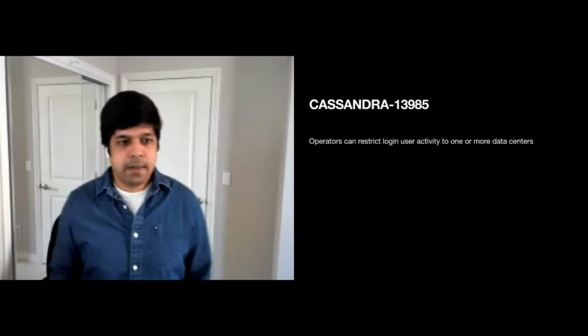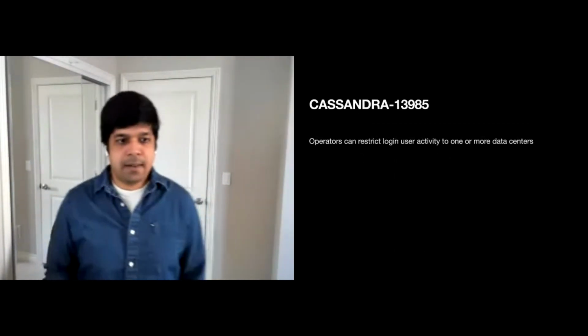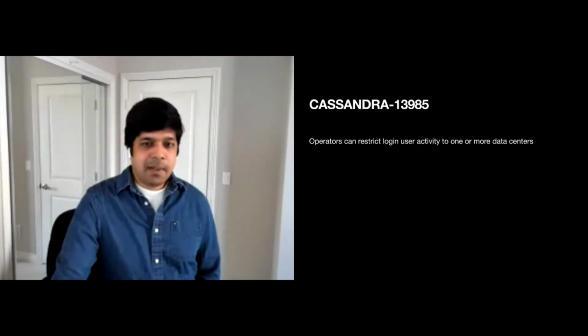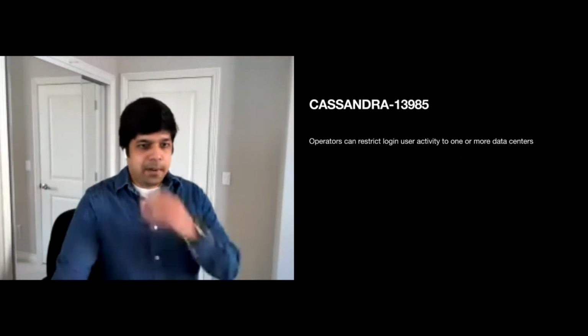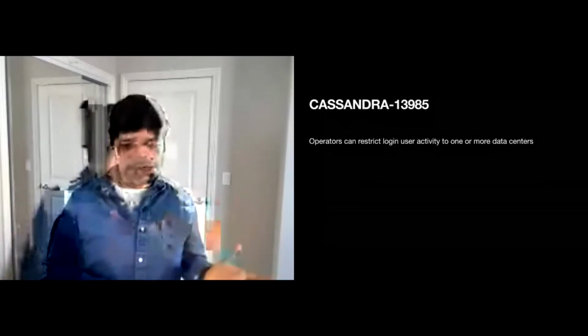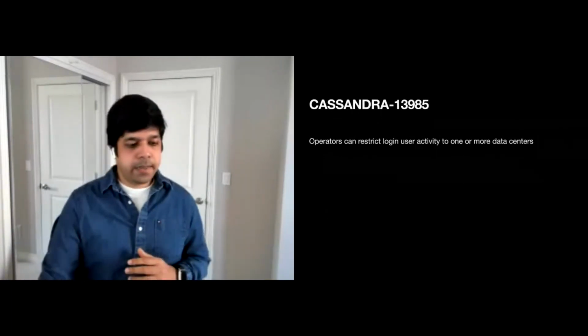13.985. This is another of those changes that operators can now actually use to restrict data centers. So what does this actually do? Quickly, say Cassandra is deployed in two DCs. One is the OLTP and the other is the OLAP data center.